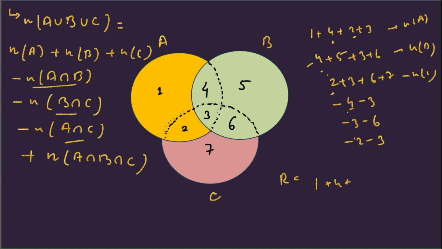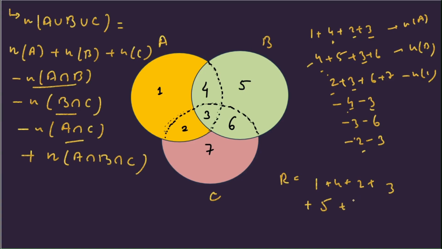So 4 we have once, then 2, we have 2 here, we have 2 here and we are nullifying the 2 here. So we have 2 once. And 3, we are having 1 3 here, 2 3s here and we are nullifying both the 3s here, right? So we are having plus 3 also, right?